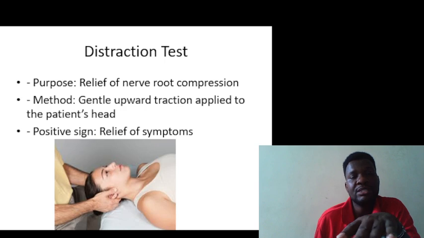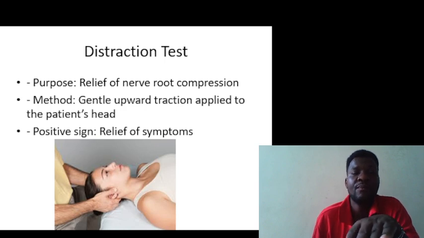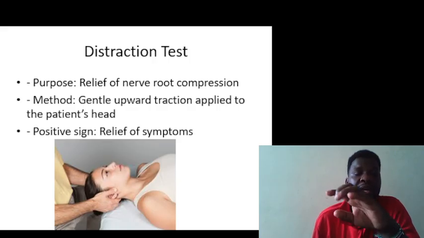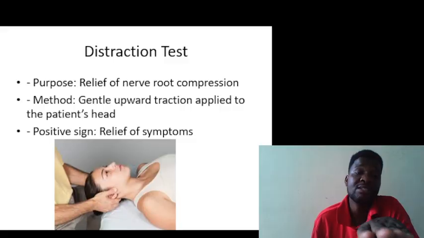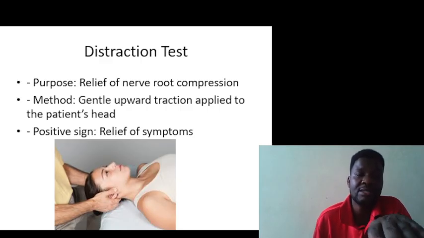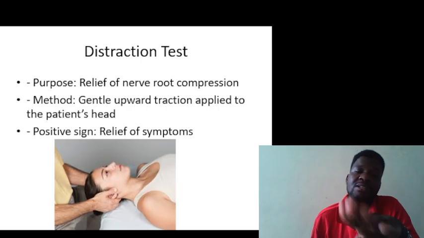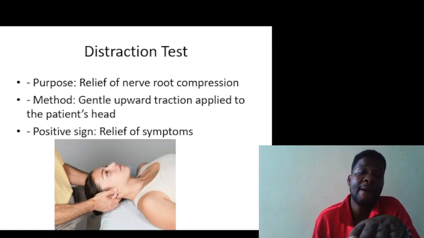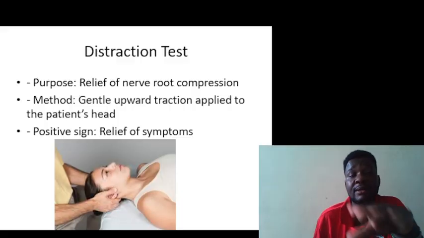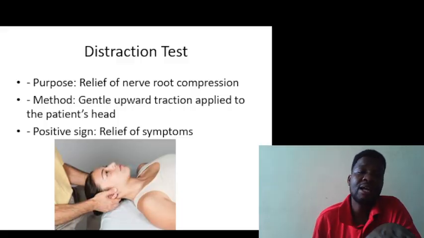If we come to the distraction test, we are checking for relief of nerve root compression. The positive sign is relief of symptoms. When the pain persists and we do this distraction test, and the patient says the pain is now getting relief, that is positive.